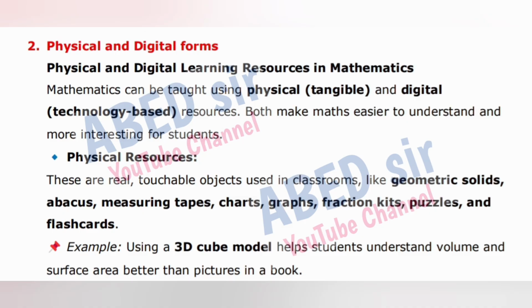Physical resources. These are real, touchable objects used in classrooms, like geometric solids, abacus, measuring tapes, charts, graphs, fraction kits, puzzles, and flashcards. Example: using a 3D cube model helps students understand volume and surface area better than pictures in a book.